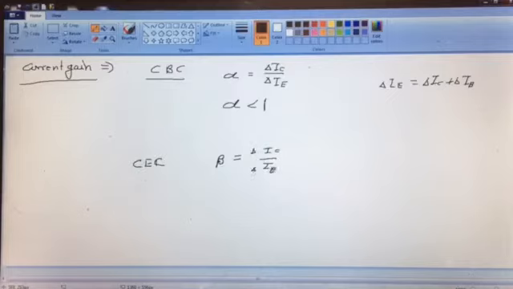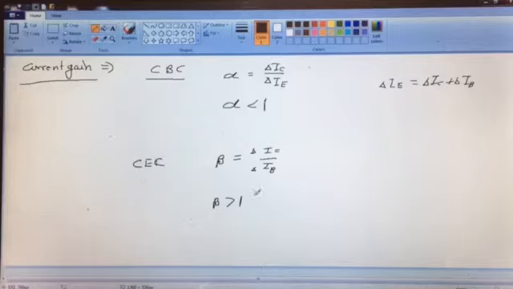Beta is always larger than 1. It means that IC is greater than IB. In each case, IC is in milliampere while IB is in microampere, so that's why beta is greater than 1.